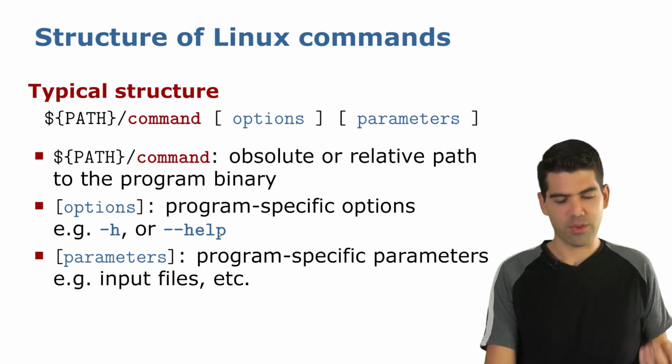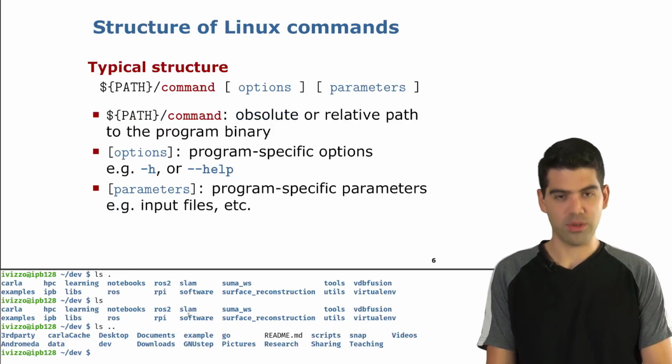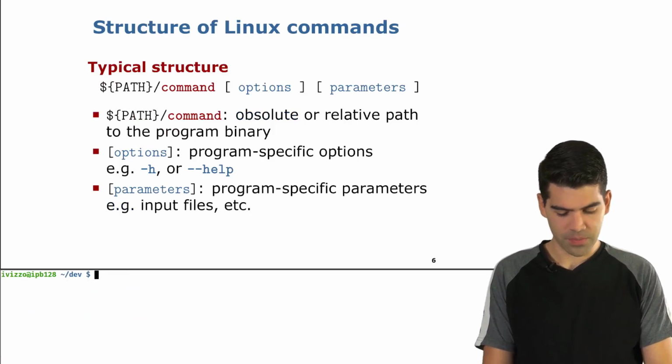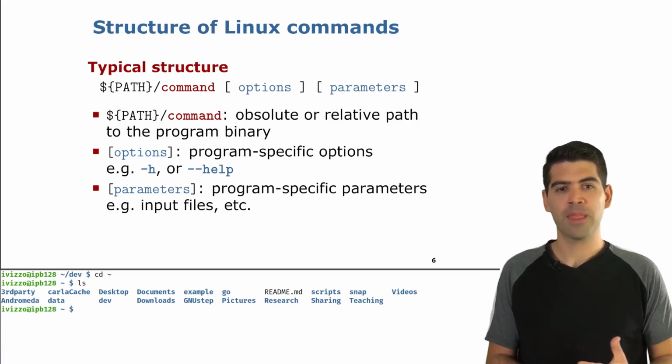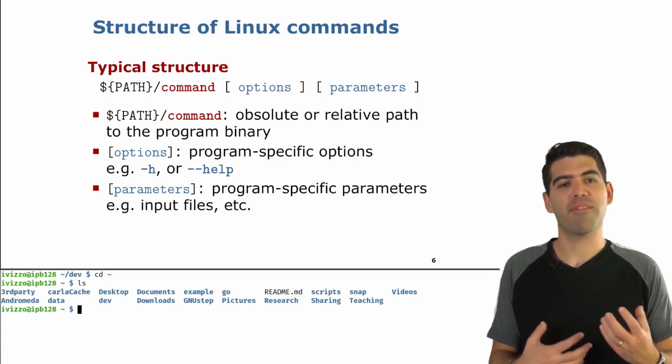So if we go back to ls here, let me clear the screen, and let me go to my home directory. This ls here is basically a command, or we call it a terminal command, but it's nothing but a file.